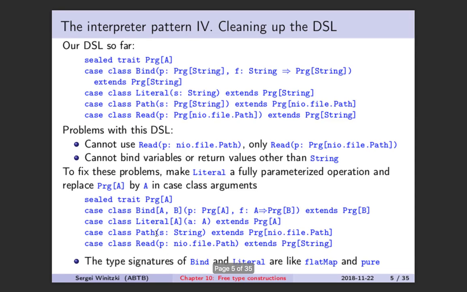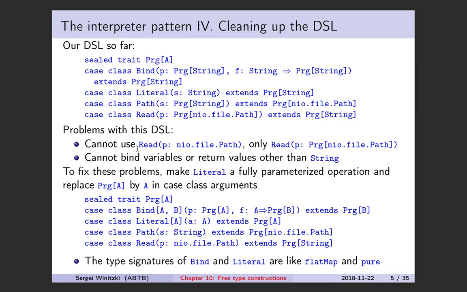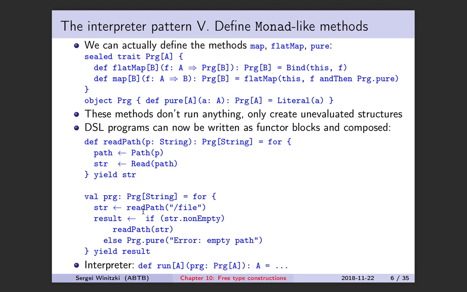I show that if you want to reuse previously computed values and choose the next operations, you need an operation called bind. And the operation called bind is exactly the same as a monadic flat map, so therefore you need your DSL to be a monad.